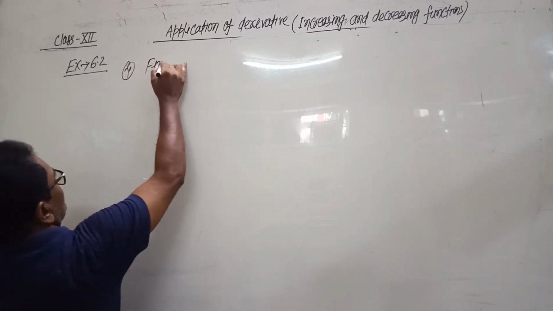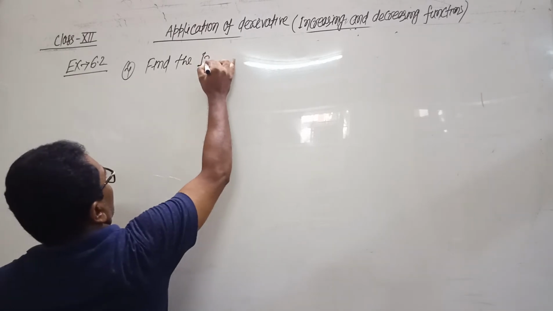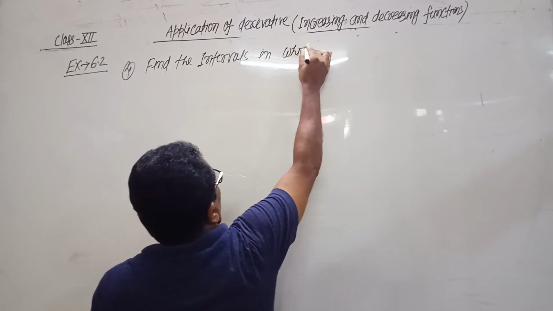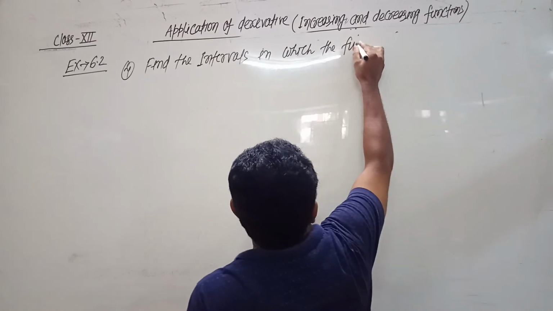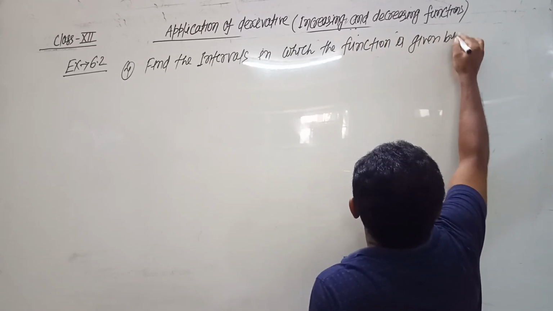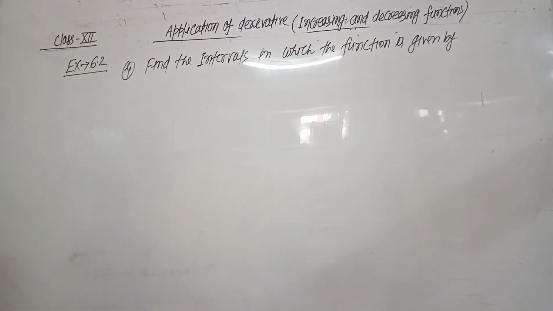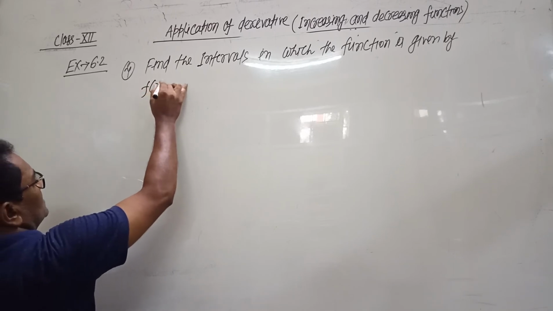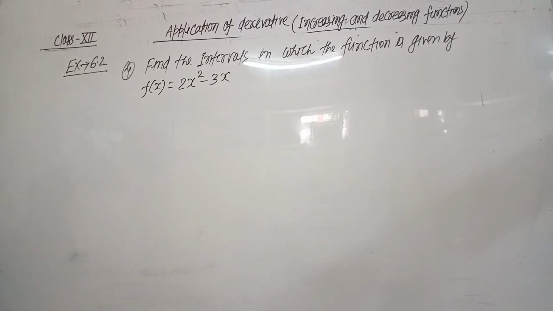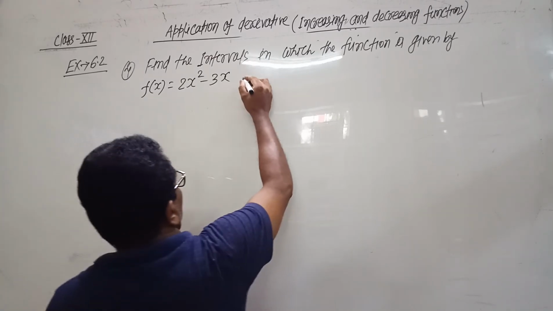The fourth question is: find the intervals in which the function given by f x equals 2x square minus 3x is increasing and decreasing.